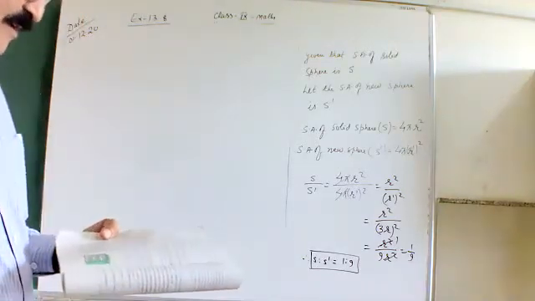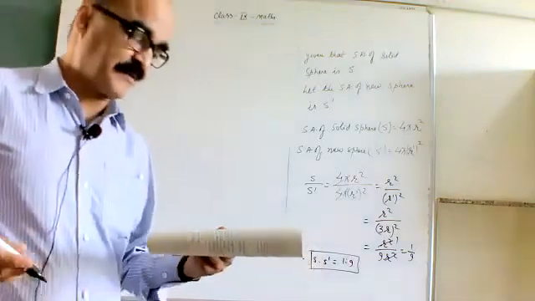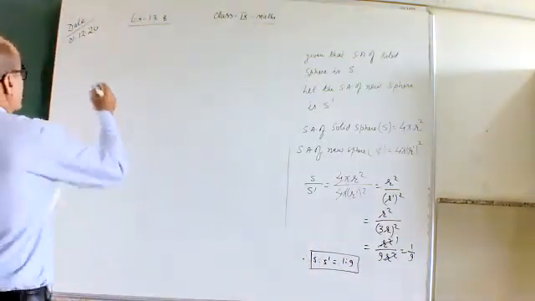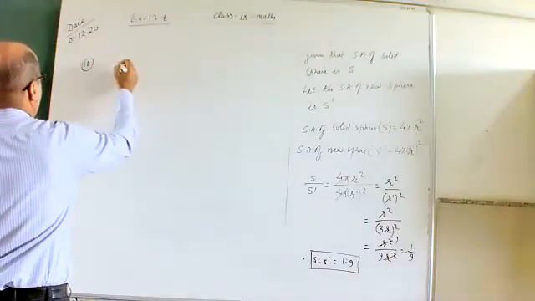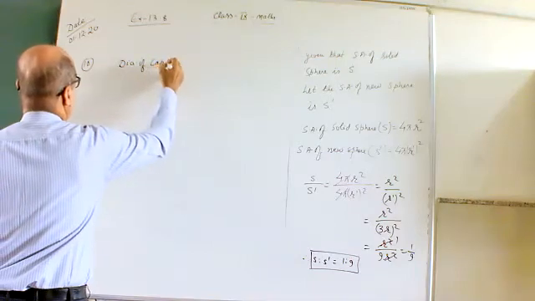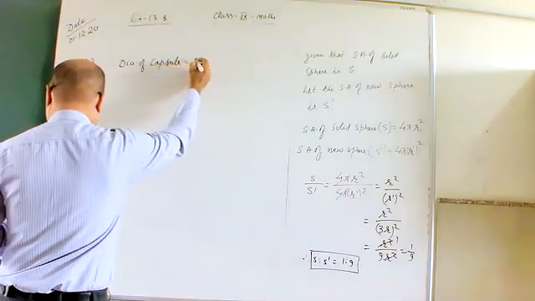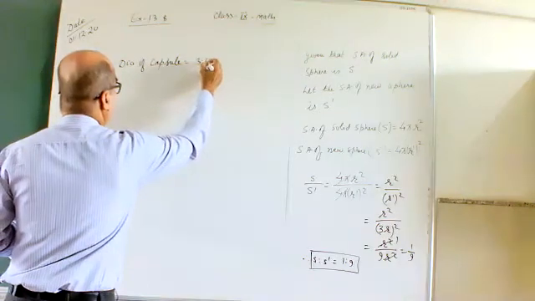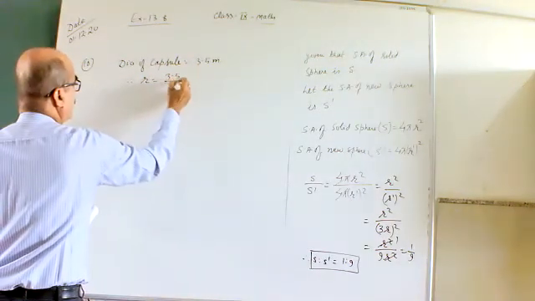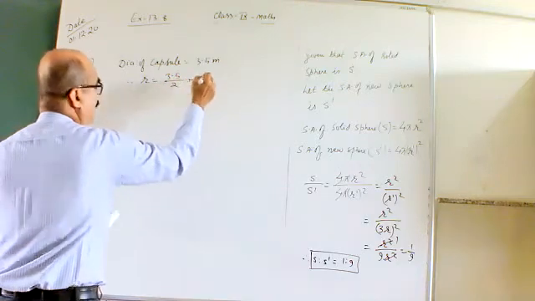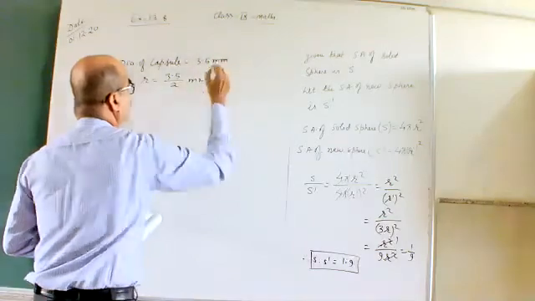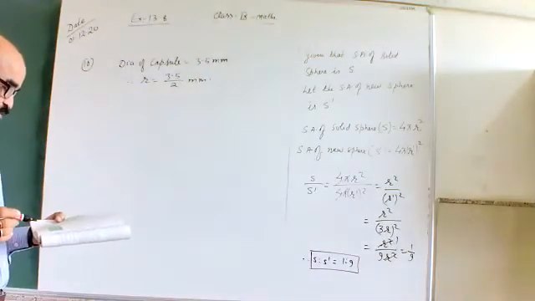So the last question is, a capsule of medicine is in the shape of a sphere, and the diameter is 3.5 millimeters. It is very easy. So the diameter of the capsule is 3.5 millimeters. Therefore the radius will be 3.5 by 2 millimeters.